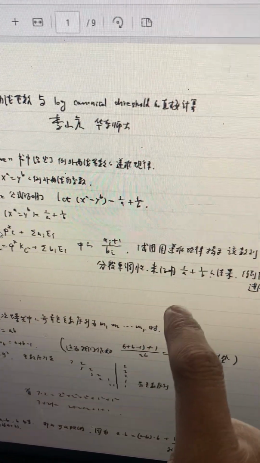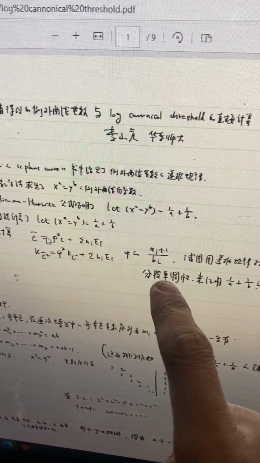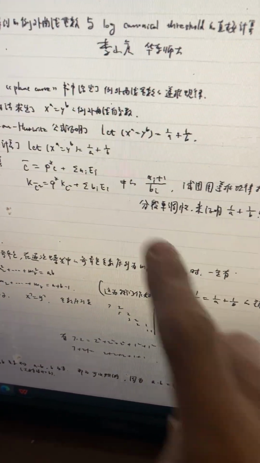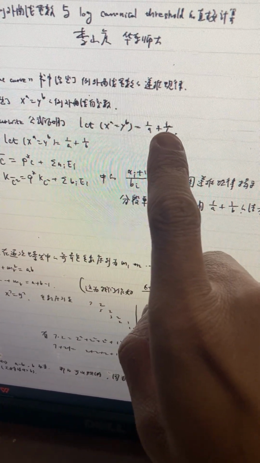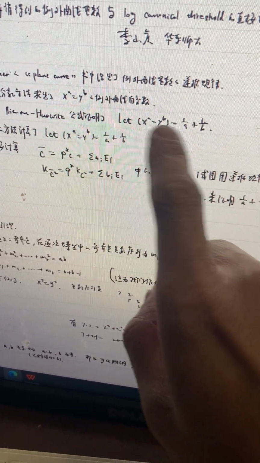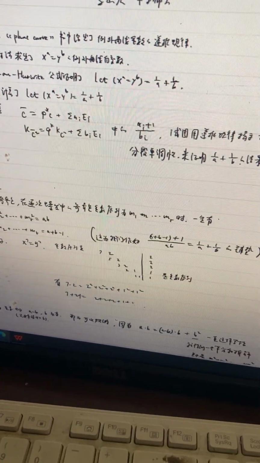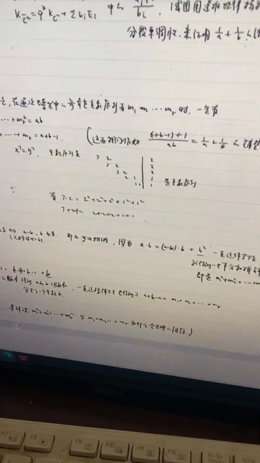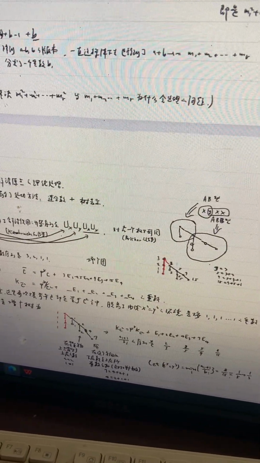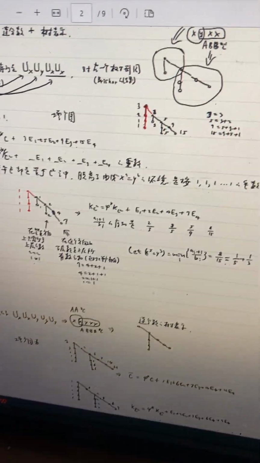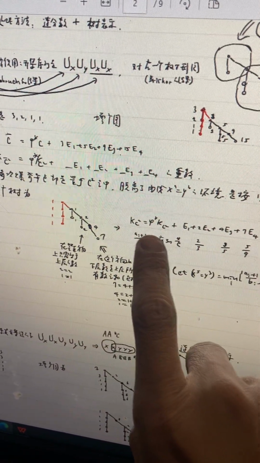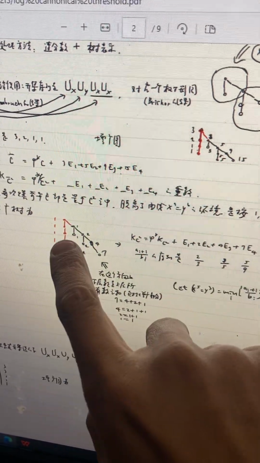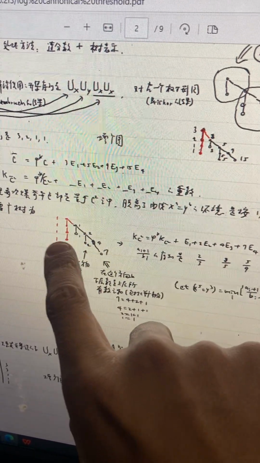Finally, if we do the calculation, the log canonical threshold is defined by 1 over a plus 1 over b here. I want to define a sequence. On the sequence, I will do it from an example. Here the canonical, so how to compute the canonical? The multiplicity, the extended part, I use 1 1 1 1.